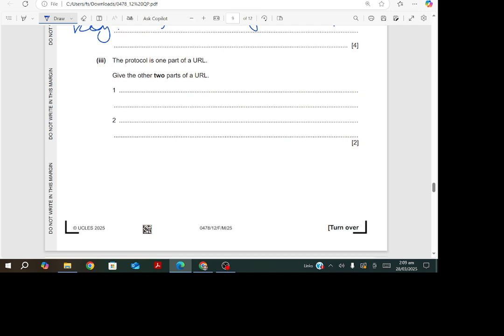So the protocol is one part of a URL. What are the other parts of a URL? Other than the protocol, we have the domain name, which can be, you can say, a DNS server. And what other part is there?